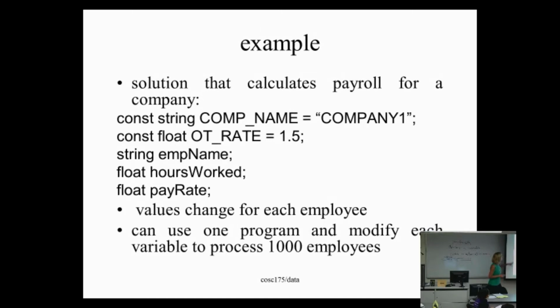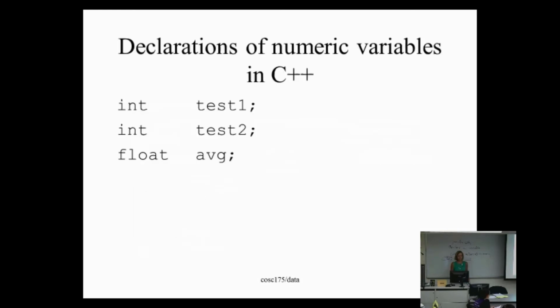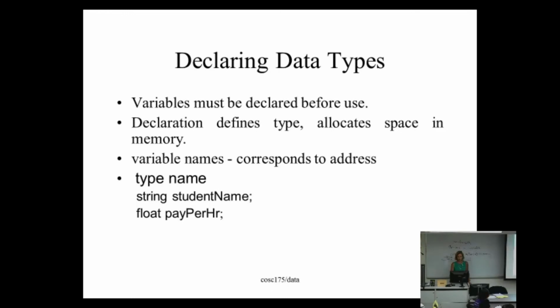So these are actually variable declarations. Let's go back here one second. Okay. So when we declare a variable, which is our goal today, we're going to do two things. We're going to say the type, we're going to say the name, and then all of these are followed by a semicolon.